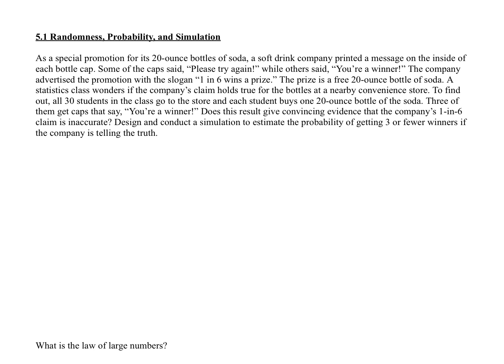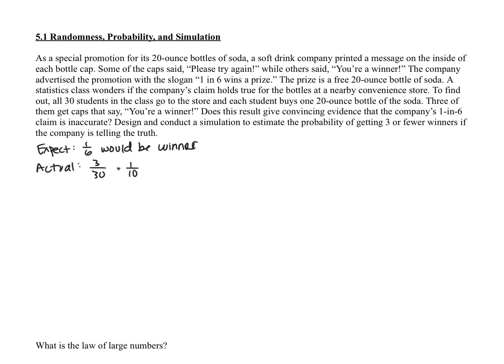Okay, so here's what we have going on. We expect out of the class that 1 in 6 would be a winner. What actually happened is that 3 out of the 30, or 1/10, were a winner.